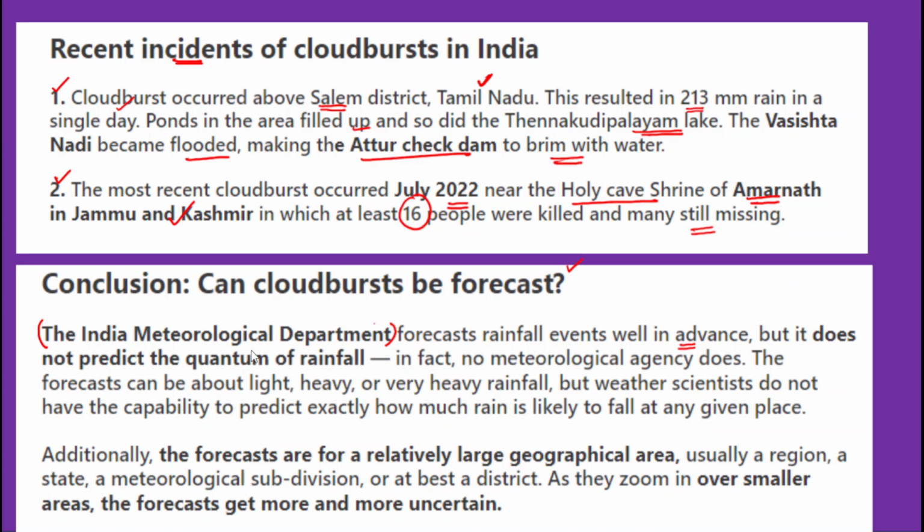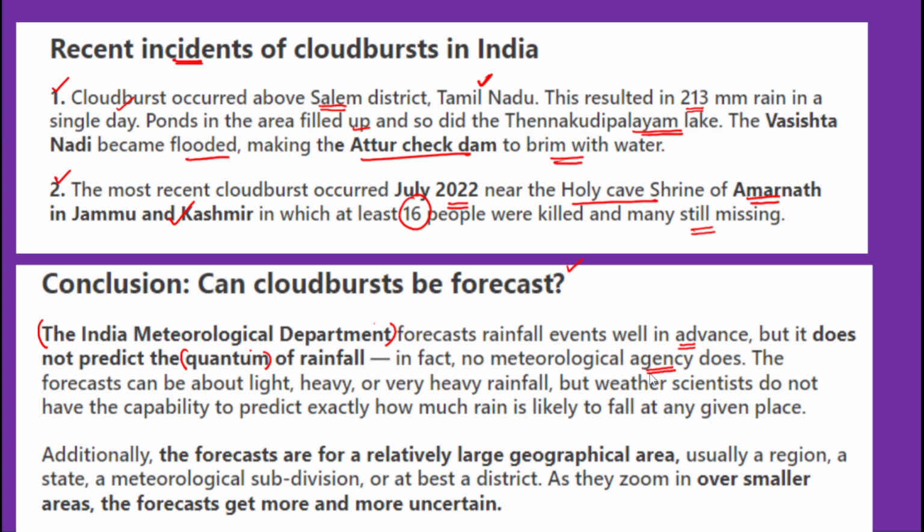But the problem here is that the IMD may not be able to predict the quantum of rainfall, that is, how much rainfall will take place. In fact, no meteorological agency can predict the quantum of rainfall.